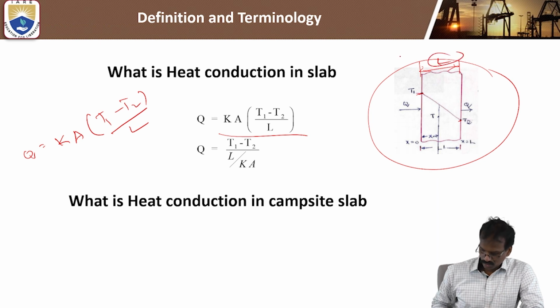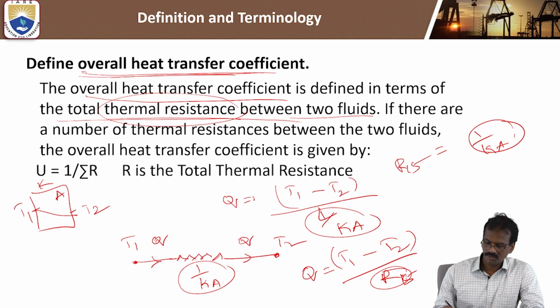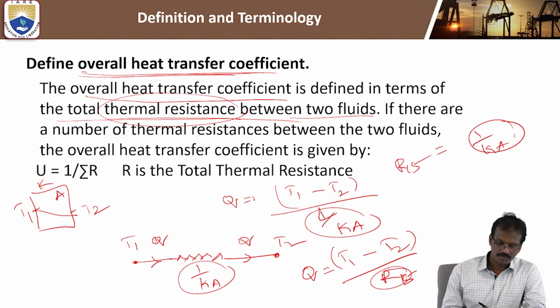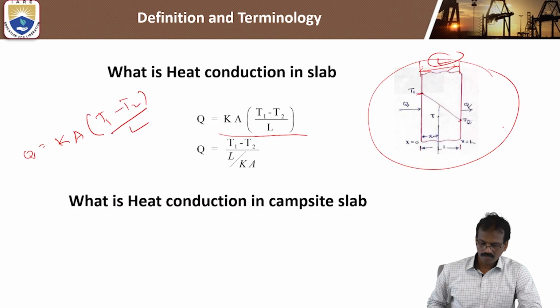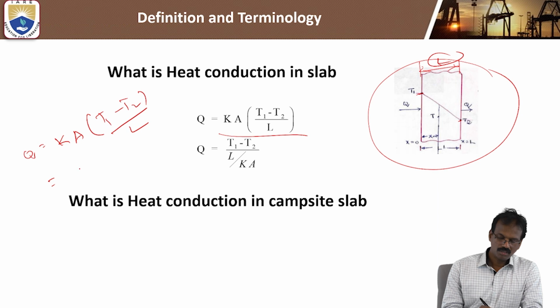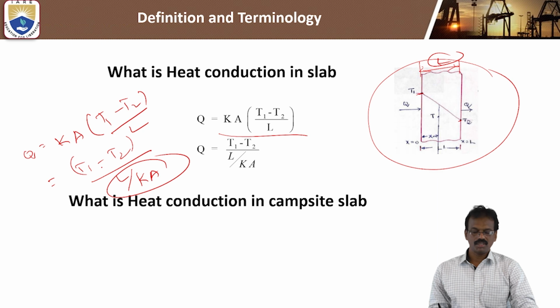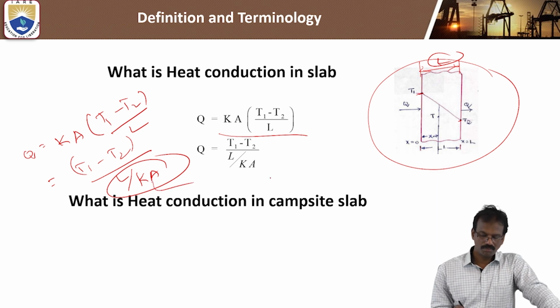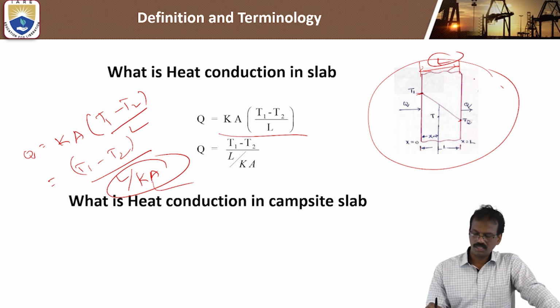In the previous one, forget this thickness, L by K1. Sorry, here also L by KA, because you have to consider the thickness. So you can rewrite it as the temperature difference by L by KA. L by KA is the thermal resistance of this slab.